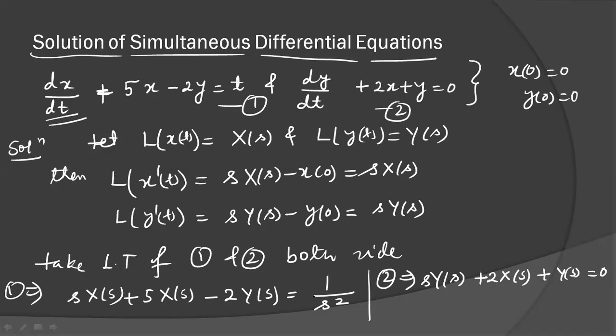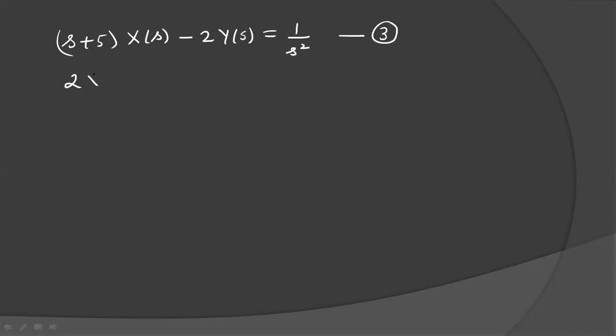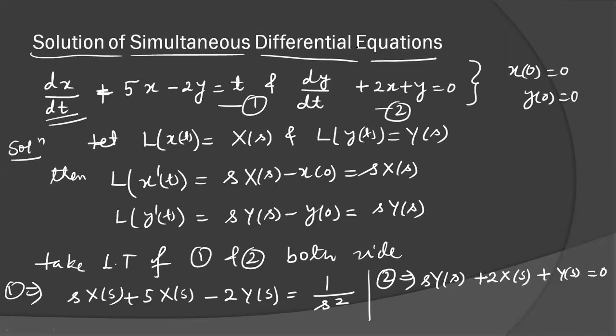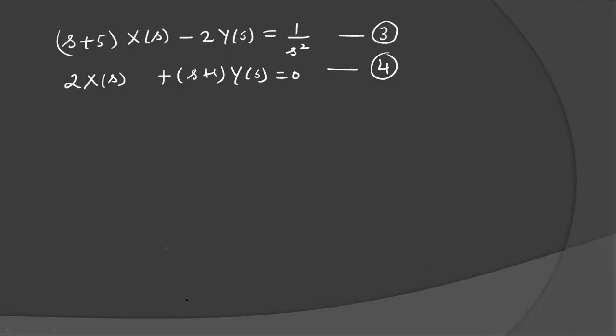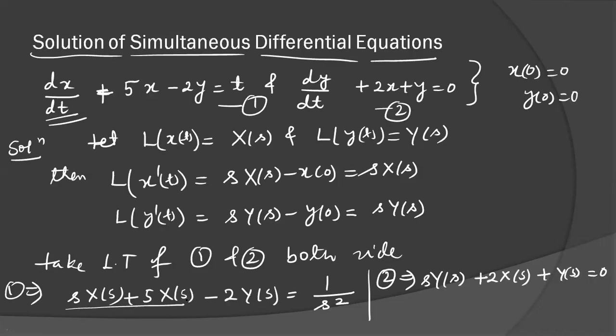Now we can rewrite these two equations as (s plus 5) X(s) minus 2Y(s) equal to 1 over s square, call it equation number 3, and 2X(s) plus (s plus 1) Y(s) equal to 0, call it equation number 4. We combined s plus 5 as the coefficient of X(s), and similarly for the second equation.